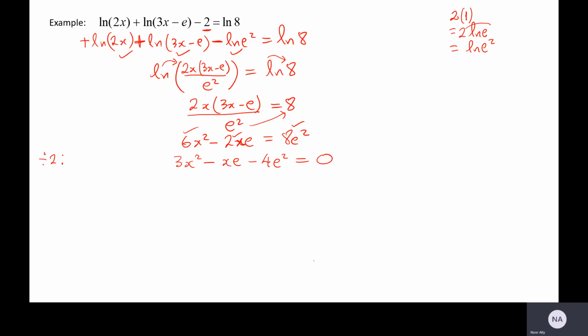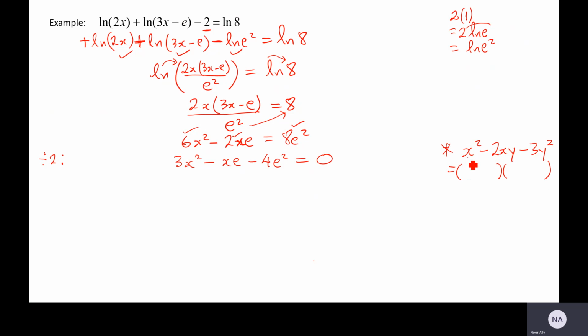Now this is actually a trinomial. If you recall trinomials, for example, x squared minus 2x minus, let's say, 3. If that is a y, I could put a y squared here. And then that can be factorized.